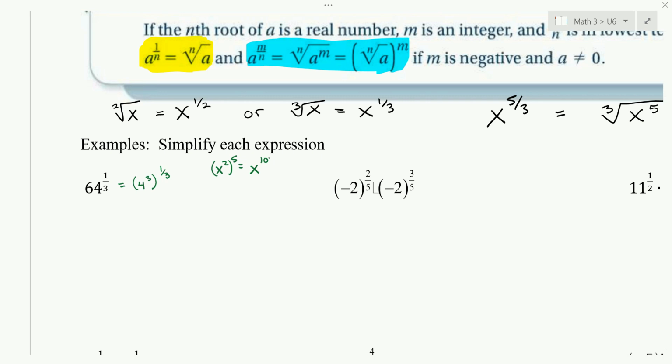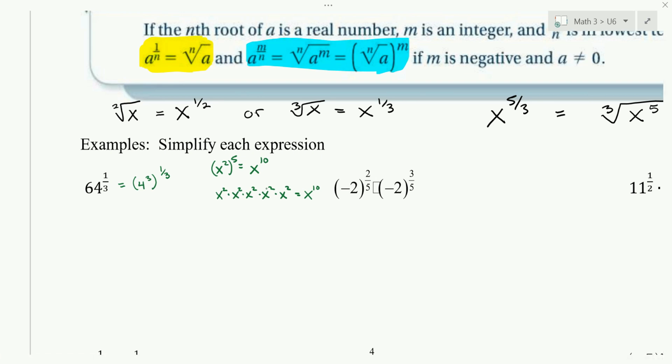Because what that means is you have 5 x squareds, and if you have this case, that's when you add them. So 2 plus 2 plus 2 and so on is going to be 10. You get the same answer. But the shorthand is x squared to the 5th: just multiply the 2 and the 5 to get the 10.